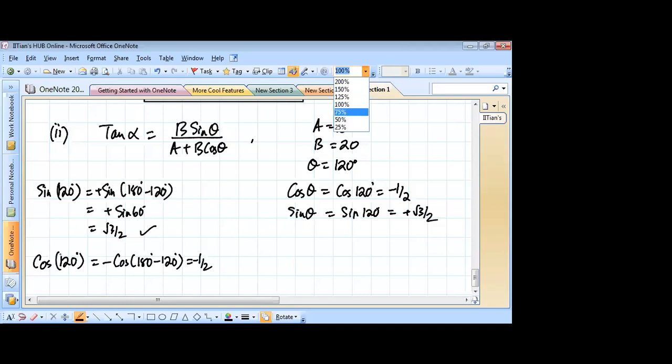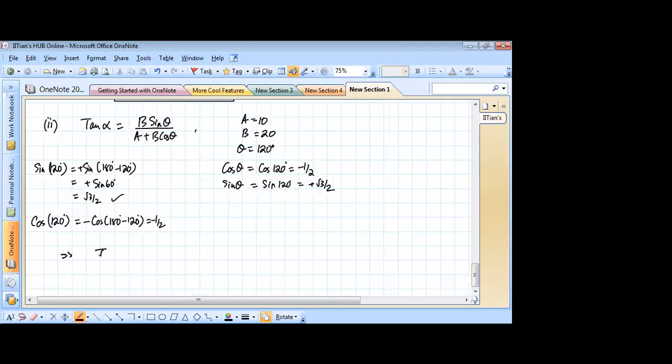Substituting, we get tan alpha as B sin theta, so that is 20 into plus root 3 by 2 divided by A plus B cos theta. So 10 plus 20 into minus half. You can see it is 10 root 3 divided by 0. So it is undefined.